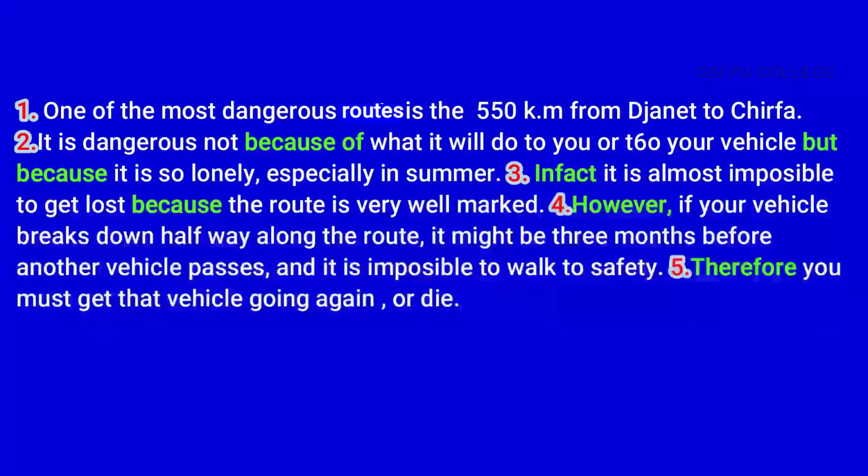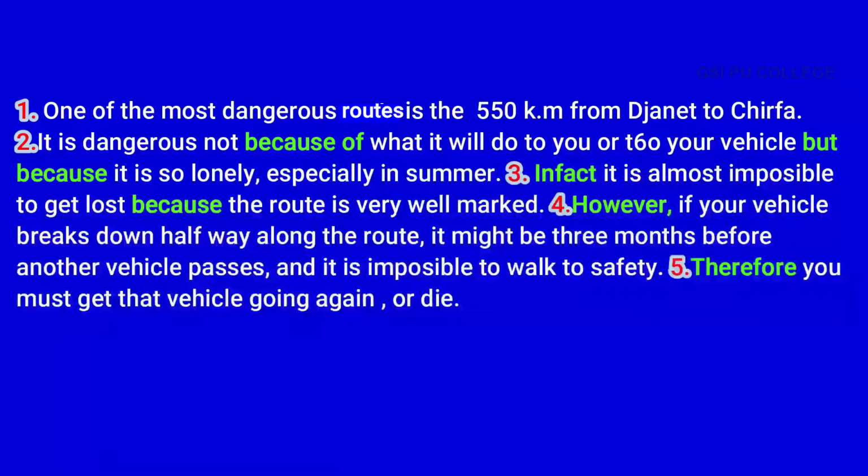What it will do to you or to your vehicle, but because it is so lonely, especially in summer. Again you have 2 linkers here, but and because. In the third sentence, or third idea, in fact, you have one more linker. In fact, it is almost impossible to get lost because the route is very well marked. Again you have the linker because. In idea number 3, you have 2 linkers, in fact and because.